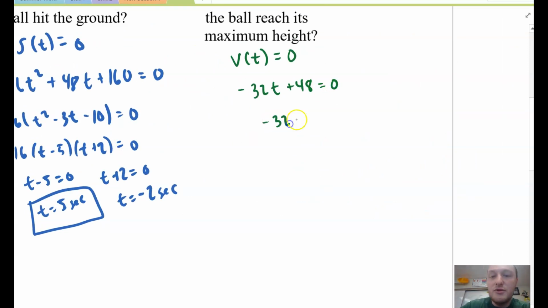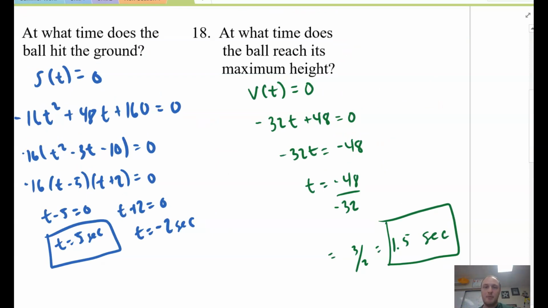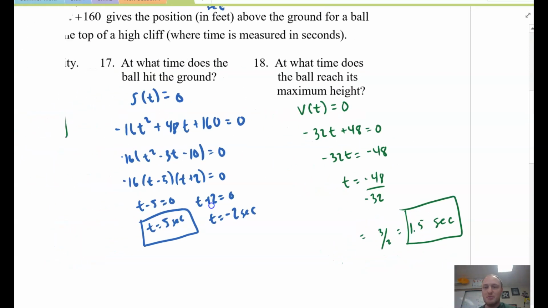So negative 32t equals negative 48. T is equal to negative 48 divided by negative 32, which makes it positive, which is 3/2, which is 1.5. And again, this is seconds. Okay, so at 1.5 seconds, the ball reaches its maximum height.